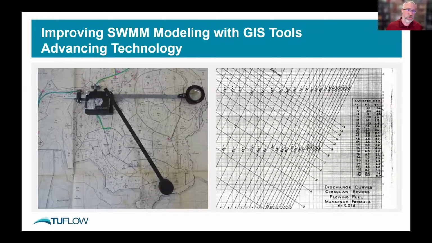Those tools kind of grew with us over time to get better and better, right? And our tools have gotten better, and the data that we can collect today is pretty rich, right? We can pull LiDAR information for terrain, spatial data, right? People are much more apt to have GIS databases of our sewer systems today than they were even 10 years ago.